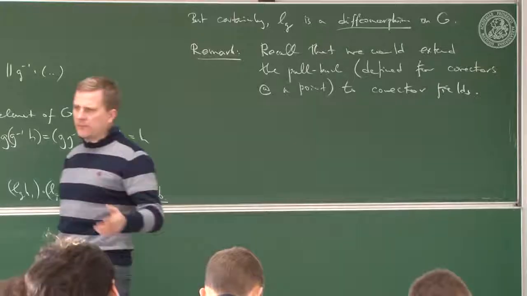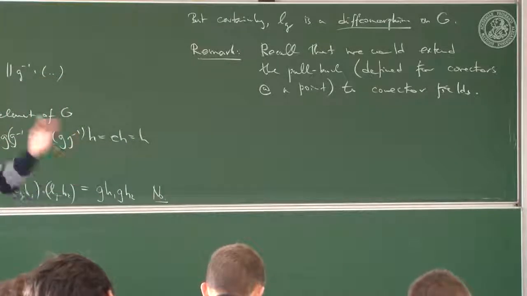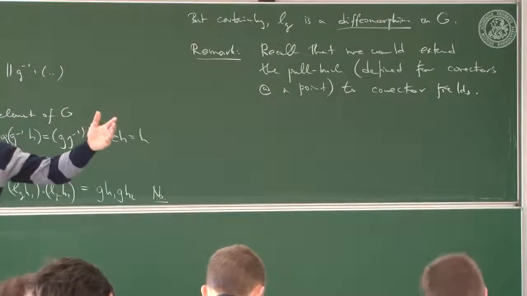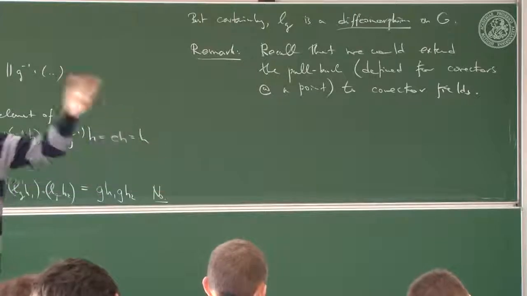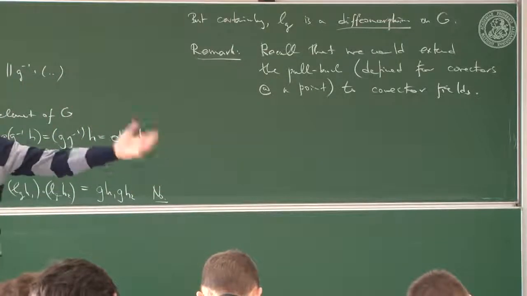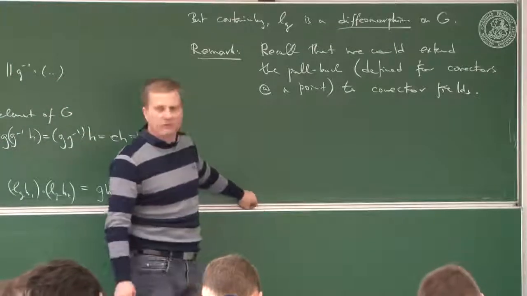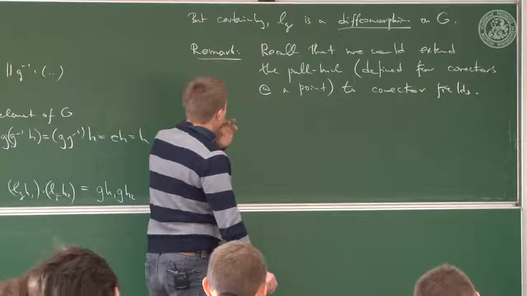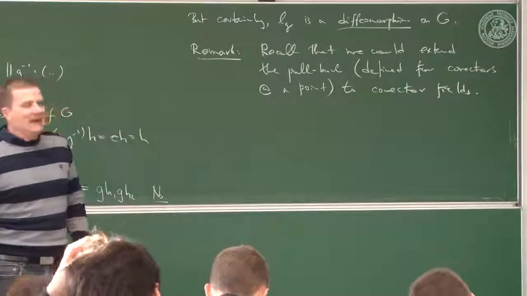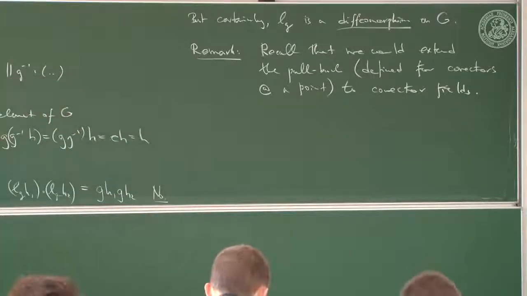Simply by saying we apply the pullback to every point of the manifold, of the target manifold, and we pull back the value of some covector field on the manifold. Okay? Now, unfortunately, or well, it's just a fact, that you cannot do the same thing for vector fields.